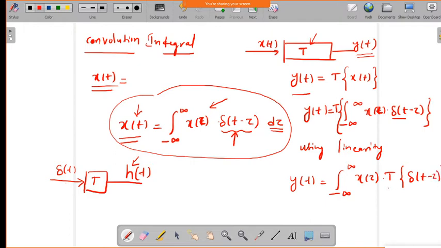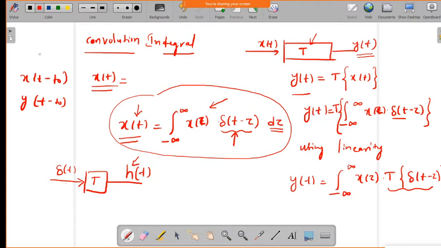Now you know this already from the time invariance property. If the input is shifted by t naught, the output is also shifted by t naught.